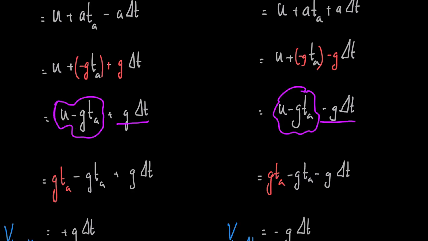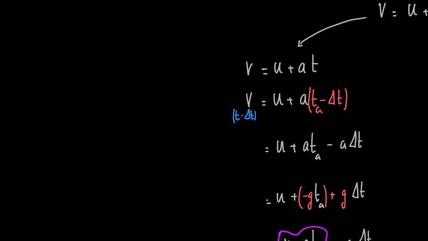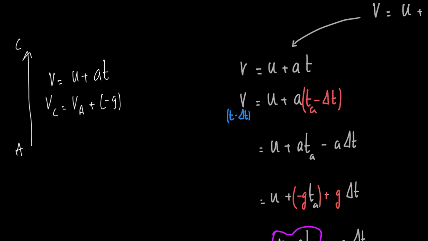What is u minus g TA? See, for the complete motion along AC, v is equal to u plus at. What is v? v is the velocity at C. What is u? It is the velocity at A. Plus what is a? a is minus g. What is t? t is the time of ascent, because it is the maximum position.